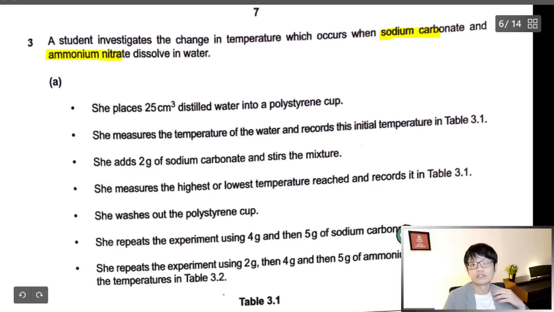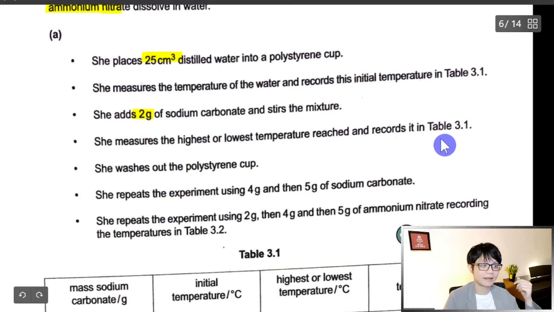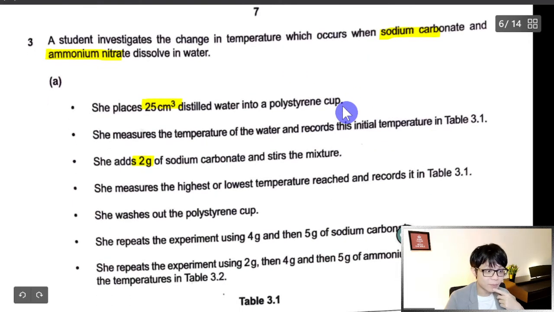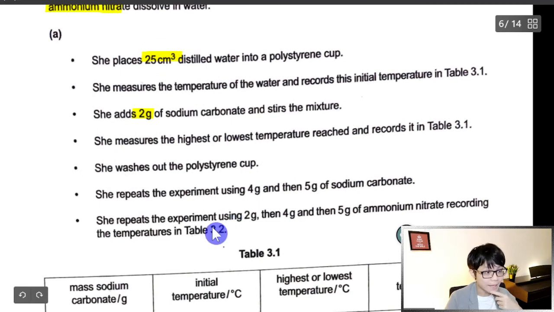As usual, you place the water with the salt, then you mix it, then you want to repeat it by changing the, let me read where the variable is, when the temperature change in sodium carbonate. So after that, he repeats it with the mass. Okay, he repeats with the mass.